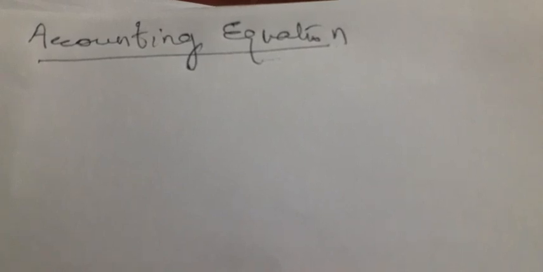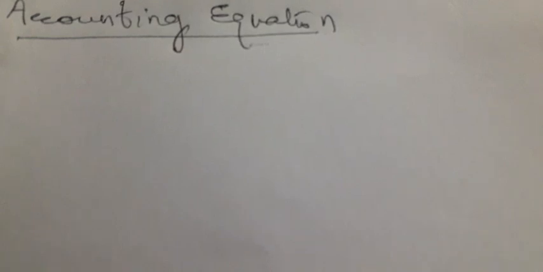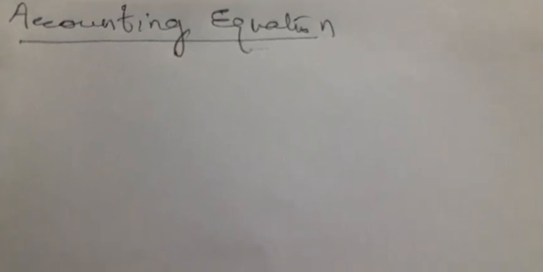If something is coming into the business, then something of equal value should go out of the business. This is the basis of the double entry system in accounts.